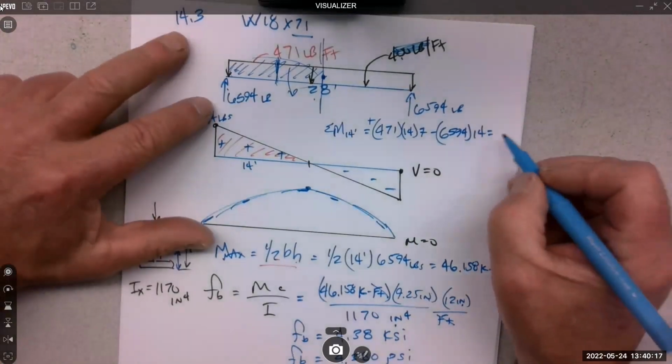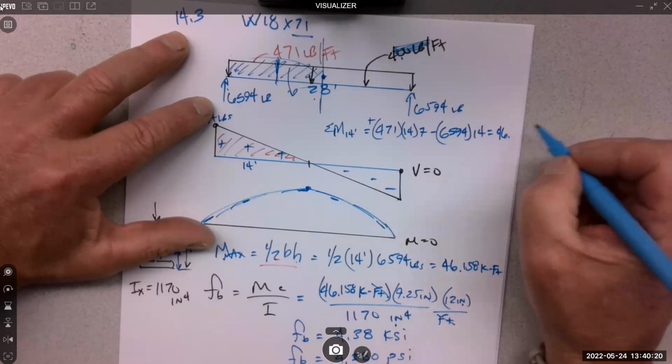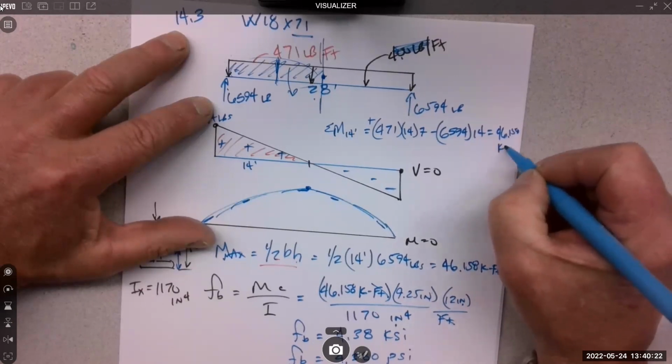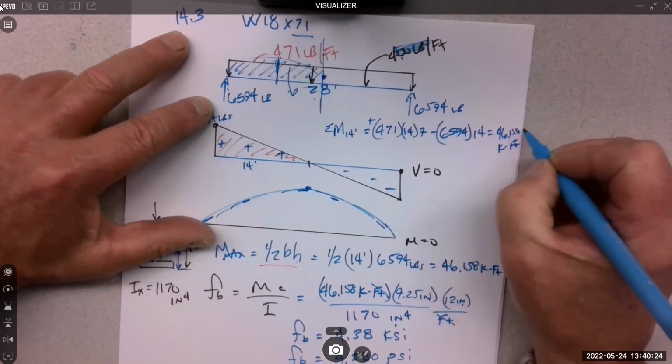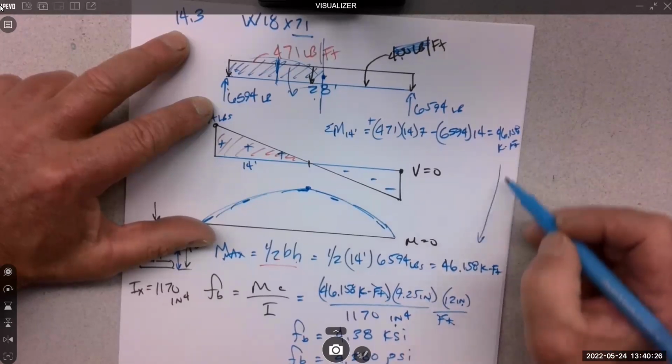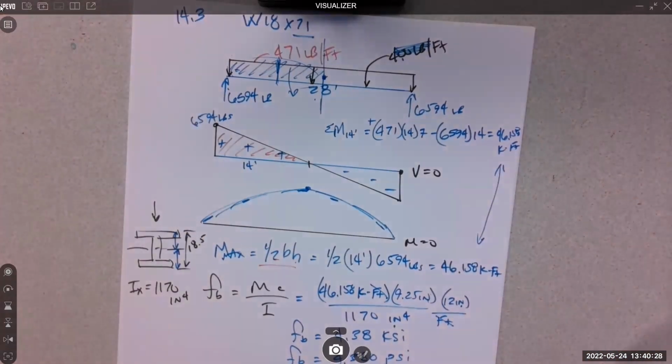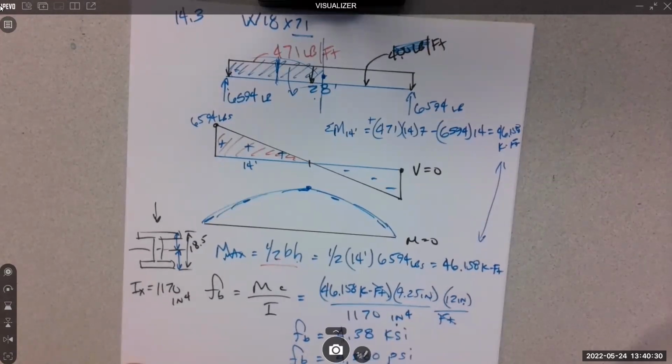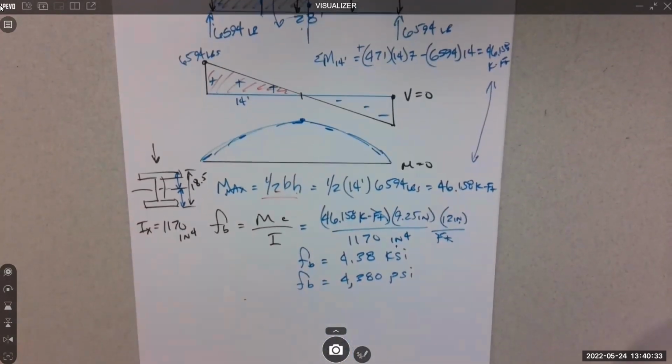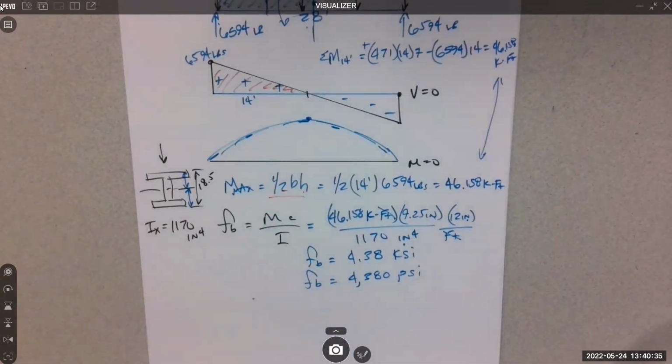So if I did that right, it should be the 46.158 kip feet. Right, same as this one down here. Area method and section method. Yeah, that's where I went wrong, because I was treating it as though it couldn't move and it was just static. Yeah. Times zero, there'd be no lever arm, so it wouldn't move. Right.